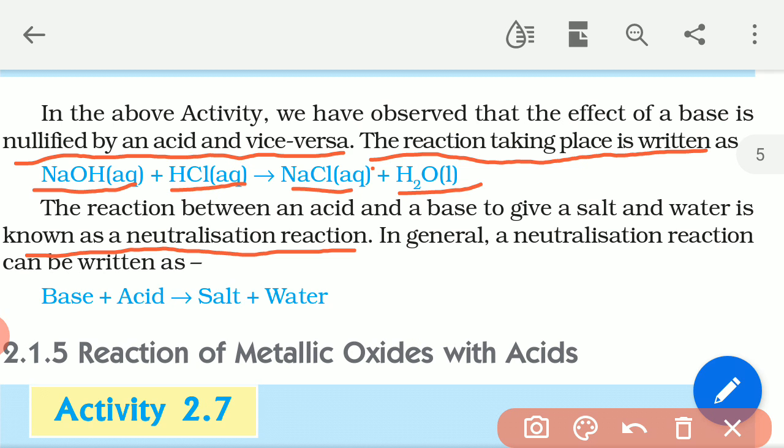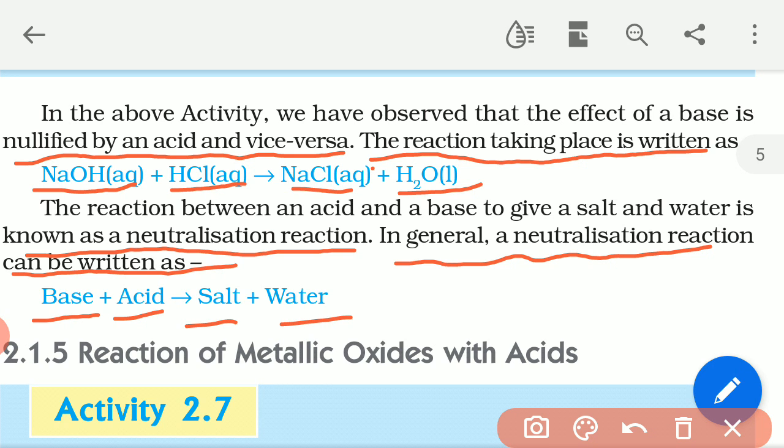In general, the neutralization reaction can be written as base plus acid forms a salt and water. Most important: what is the neutralization reaction?